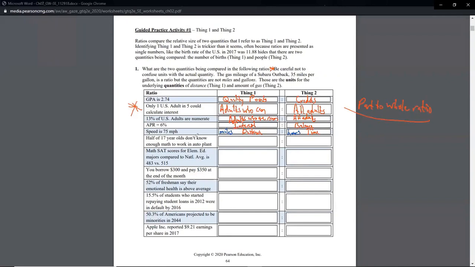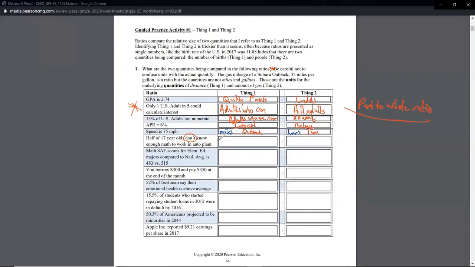Half of 17-year-olds don't know enough math to work in an auto plant. So since they used the word don't this time, instead of saying the people who can to the total population, we say those who can't.